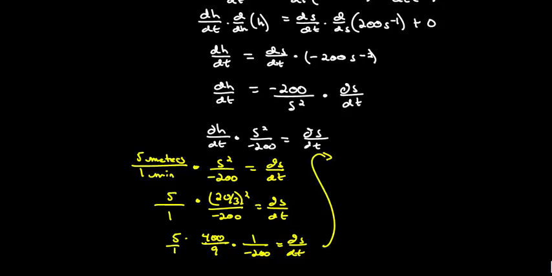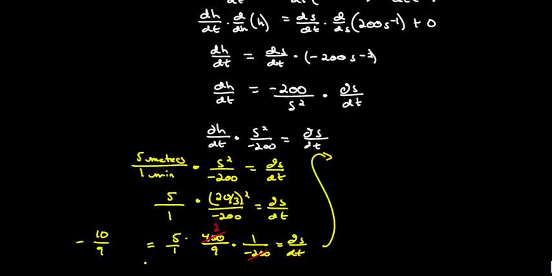The 400 and the 200 give me just 2. So this gives me just a 2 up top here. I multiply across, I get 5 times 2, which is 10. And the bottom, I've got 9 times negative 1. So it's negative 10 ninths.